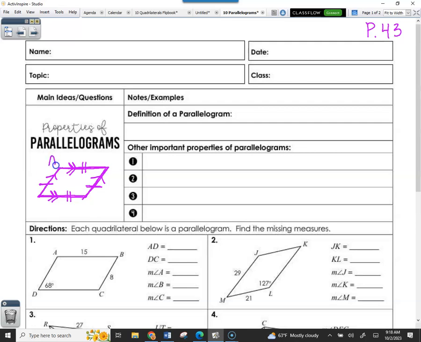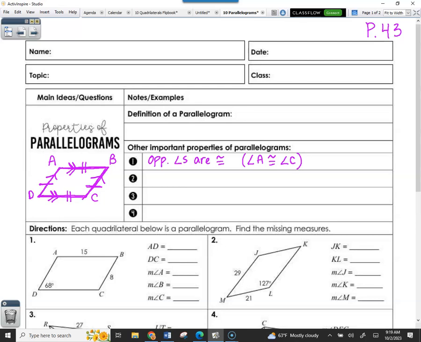But let's label the corners, and let's remind ourselves that opposite angles are congruent. So like angle A is congruent to angle C, for example. Angle B is congruent to angle D.